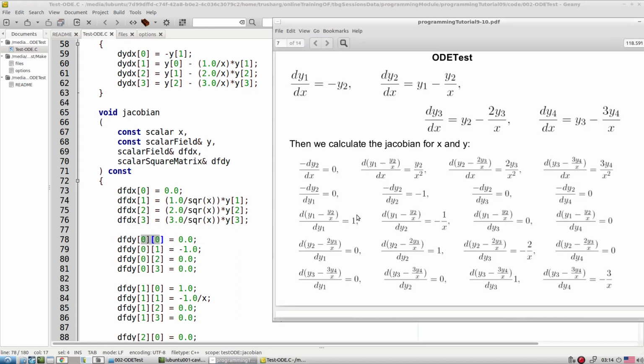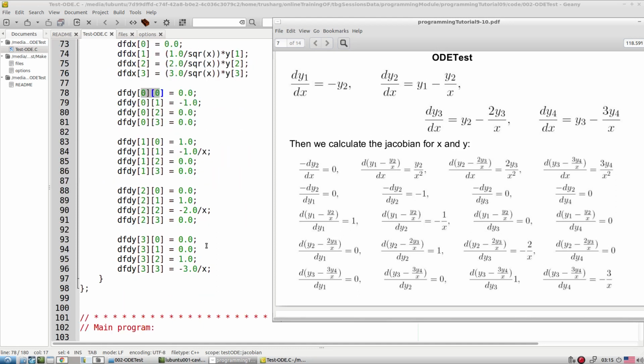Then del f1 by del y1 equal to 0. Then del f1 by del y2 equal to minus 1, del f1 by del y3 equal to 0, del f1 by del y4 equal to 0. In a similar line, del f2 by del y1 is this one, 1, then del f2 by del y2 is this one.